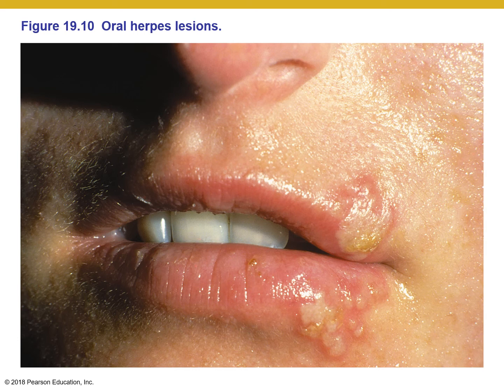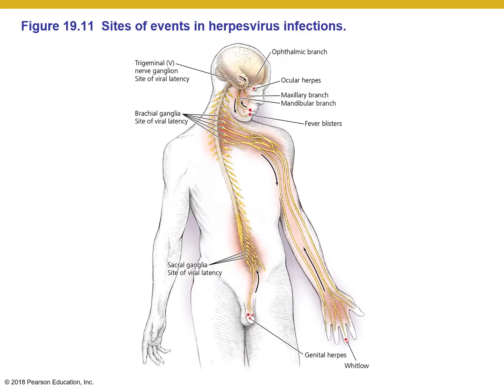Got it? Fever blisters. There you go. Owie. What we see in a herpes virus is that the virus enters through a wound in the skin, sexual intercourse, or being kissed by someone who has an active fever blister, and it makes its way into the nervous system.